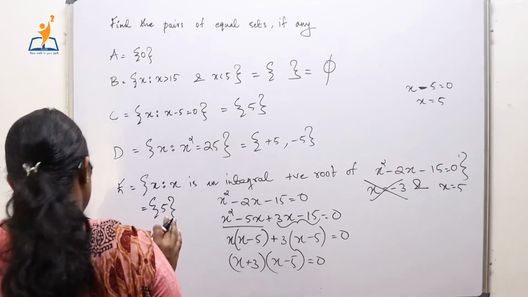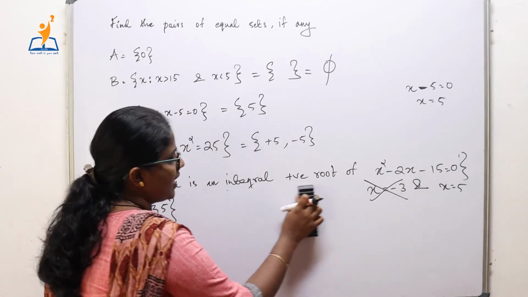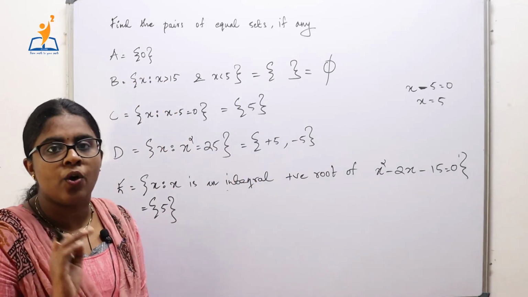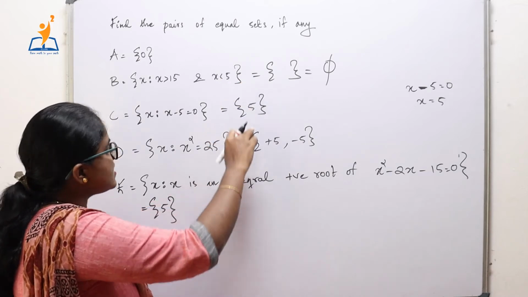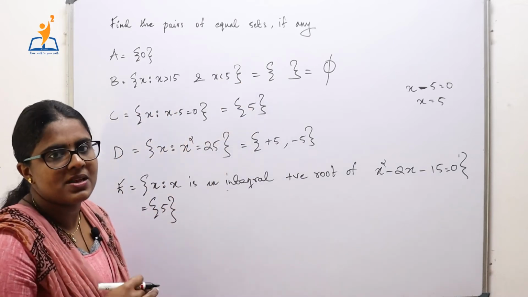Now we can check which of the following pairs of sets are equal. Set A contains 0 only, and we can see that no other set B, C, D and E contains the element 0.